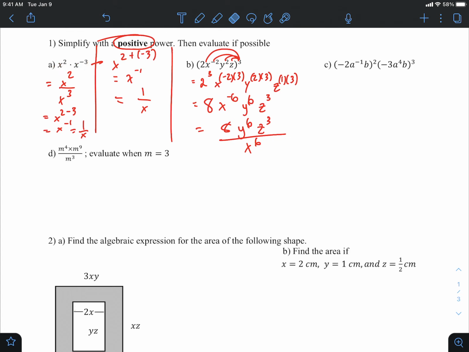Okay? So for the next one, if we don't have any questions for that one, again, I would just distribute this exponent onto everything inside the brackets first. So we're going to get, and be careful with this, negative 2 squared. I suppose if you really wanted to get technical so you didn't make any mistakes, this is like negative 1 times 2.